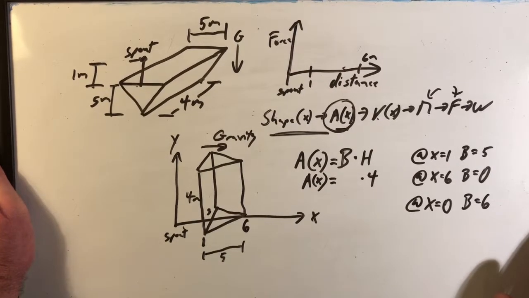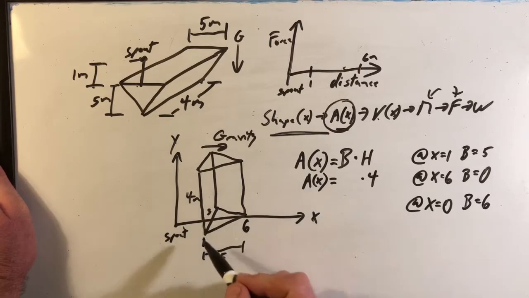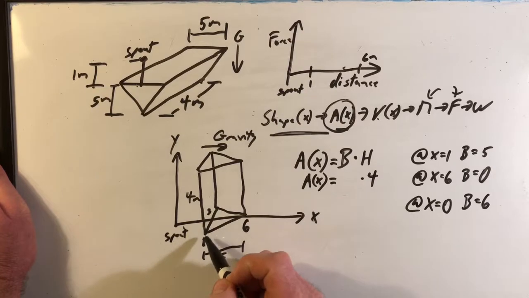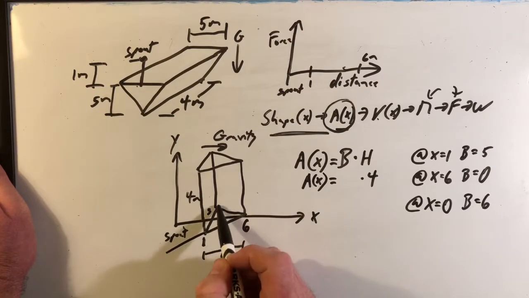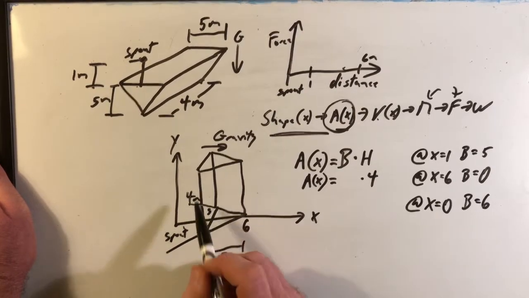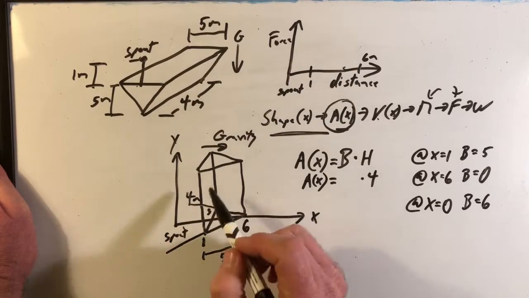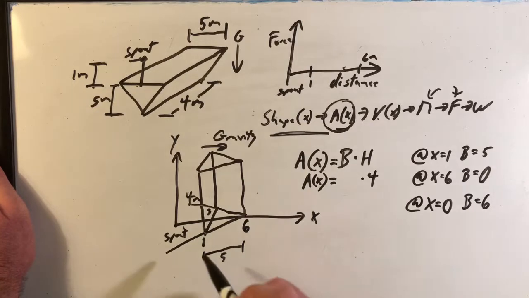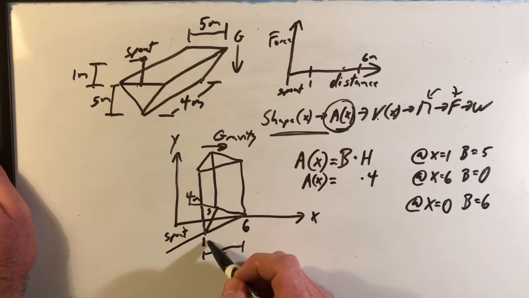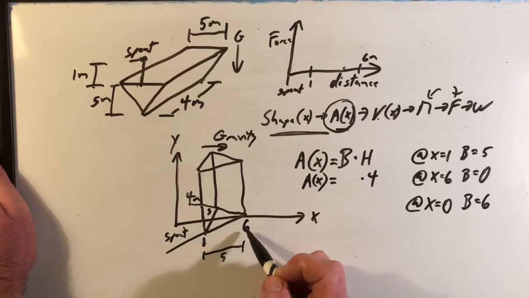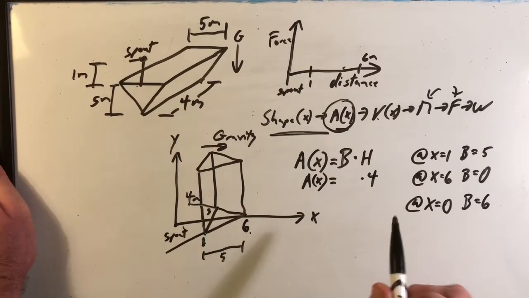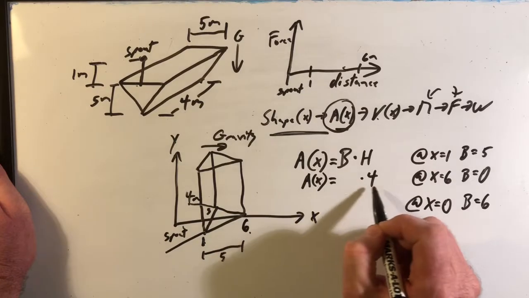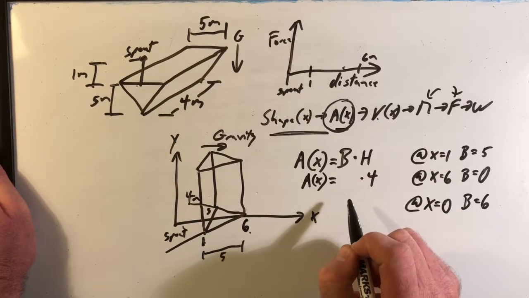So now, at this point, my tank doesn't really have to start and stop at 1. It can keep going. I'm going to control where it starts and stops when I do the integral for volume, because I'm just going to go between it. I'm going to act like a is 1 and b is 6. So thinking ahead a little bit, what is my base as a function of x?